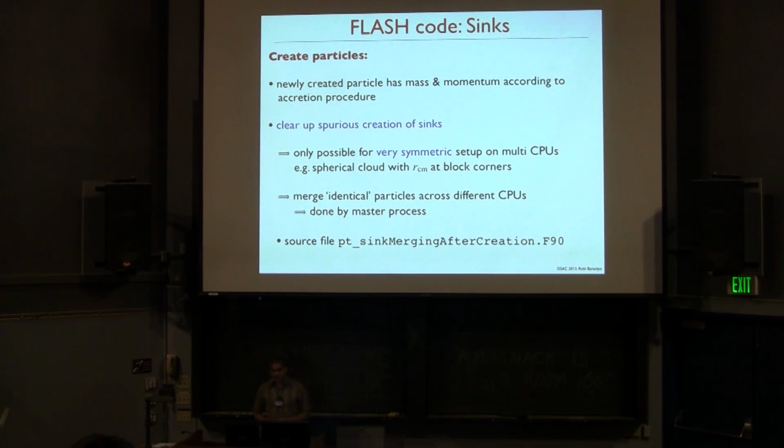Yeah, and then the newly created sink particle essentially gets immediately some mass due to the same procedure. Then the accretion takes place, which I will show you in a second.